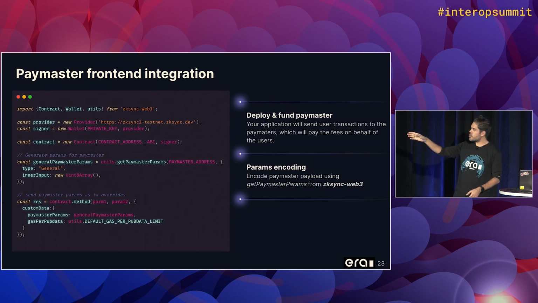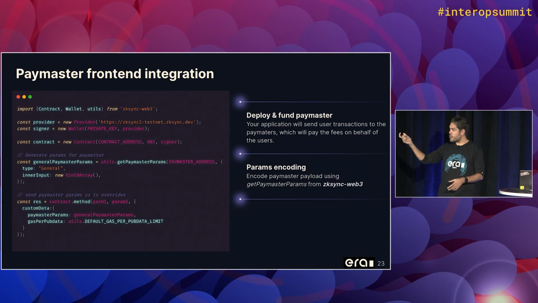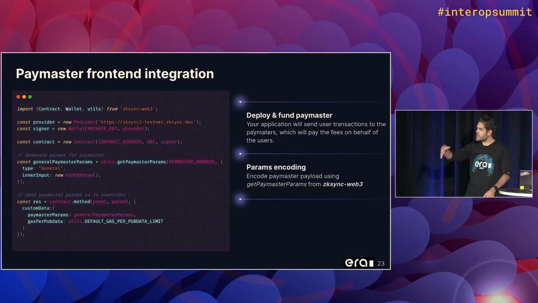And for that, you need to use the getPaymasterParams method from our JavaScript library, which is called zksync-web3. In this method, you need to pass the address of the Paymaster and an object with the type of flow. It could be general or approval-based, as I said. And then the inner input will be just any payload that you need to run your validations. So it could be a password, a session key, anything you want.